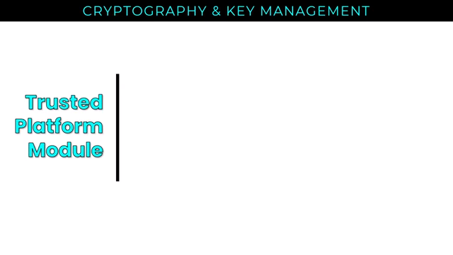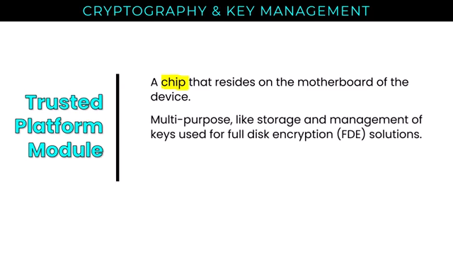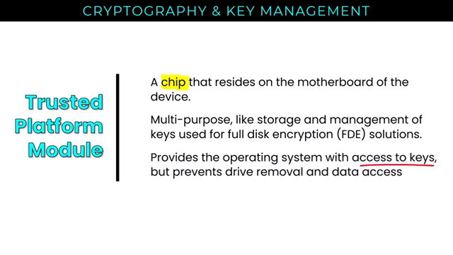So Trusted Platform Module. This is a chip that resides on the motherboard of a device, like a laptop, for example. It's multi-purpose, like storage and management for keys used for full disk encryption solutions like BitLocker, like dm-crypt on the Linux platform. And it provides the operating system with access to keys, but it prevents drive removal and subsequent data access.